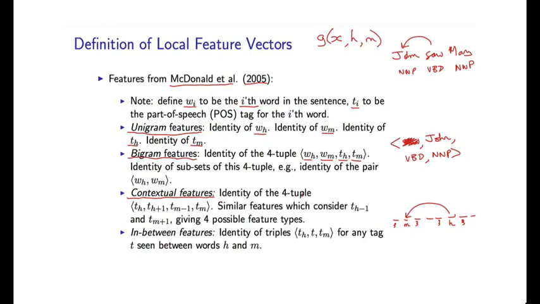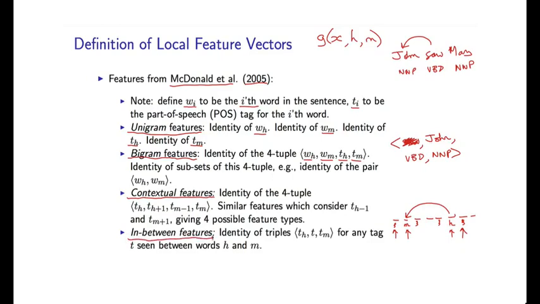For example, we might look at the four-tuple t_h, t_h plus 1, and then t_m minus 1, t_m. There are several kinds of features you can define here which look at the part of speech of the modifier word and the head word, and also the part of speech of the previous word or the next word for each of these cases. That clearly gives us a richer context in which to consider a particular dependency.